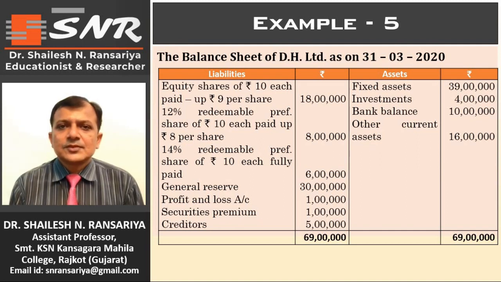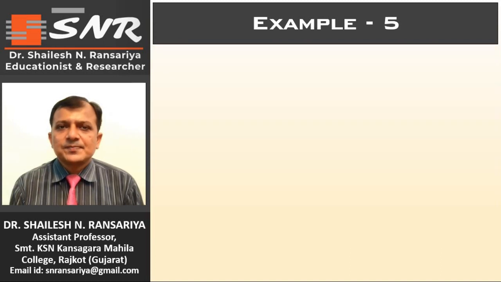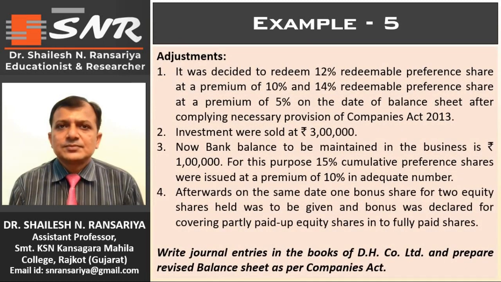So, see the adjustments. Number 1, it was decided to redeem 12% redeemable preference shares at a premium of 10% and 14% redeemable preference shares at a premium of 5% on the date of the balance sheet after complying with the necessary provisions of the Companies Act 2013.